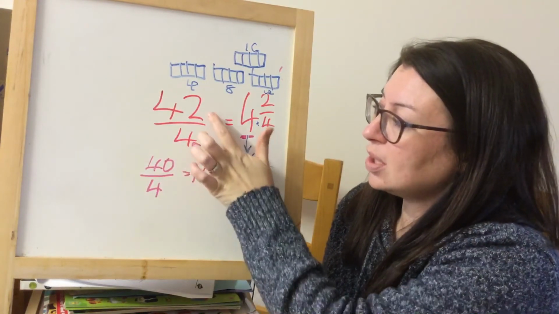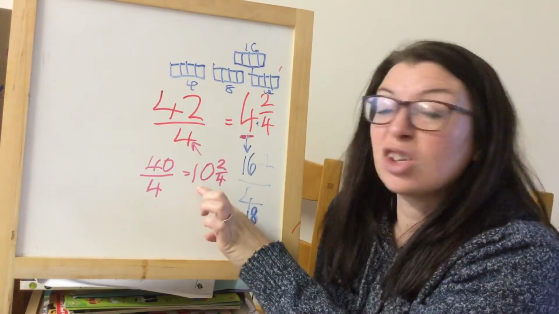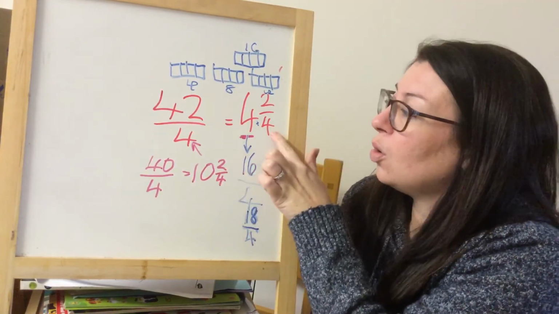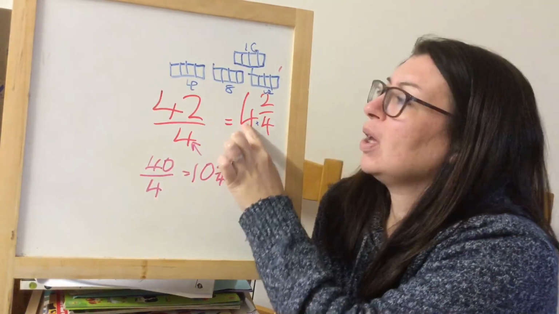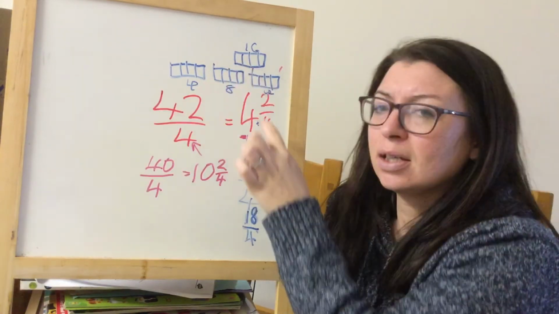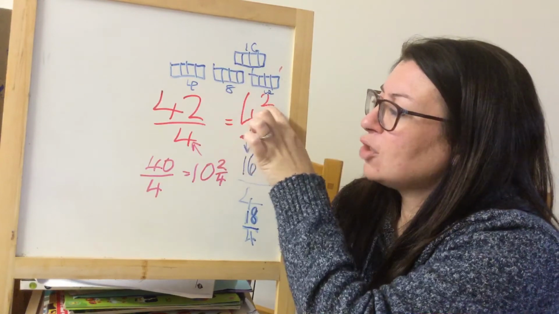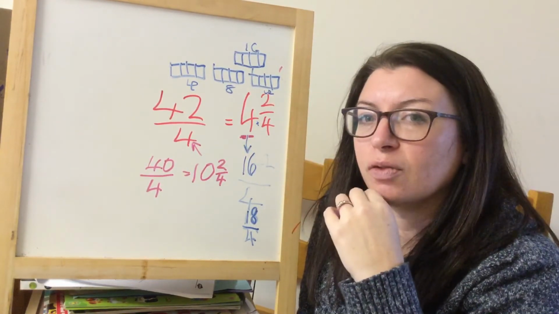So this one, by saying, well, that can't be that, because 42 over 4 means we have got 10 wholes plus 2 quarters left. Or by saying with this one, well, 4 wholes mean that we have 16 parts, and then we have 2 extra parts, so we have 18 parts over 4 instead.